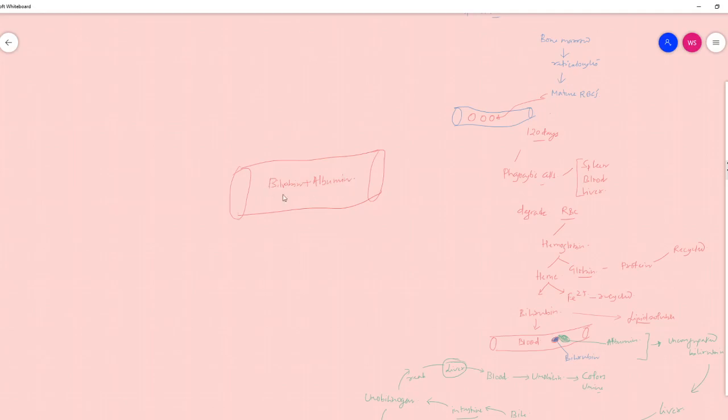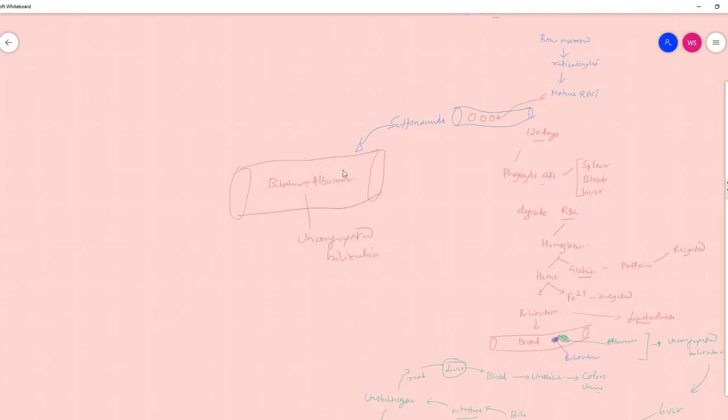So there is unconjugated bilirubin in the infant or the child. Now into this patient we are giving sulfonamide.